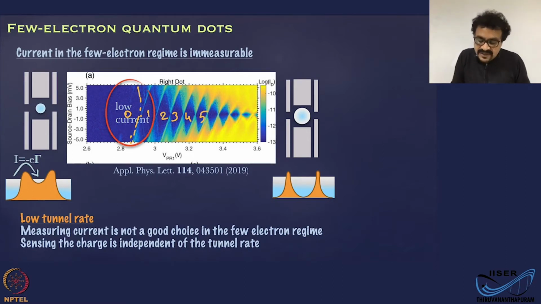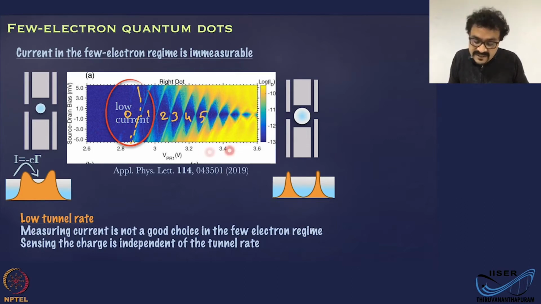As you can see from this plot, the current level is gradually reducing, because when you started, you have a large dot with lower voltages on all the gates, and the tunnel barriers are relatively thinner. The tunnel barrier is represented by these gaps, and you have a lot of electrons.